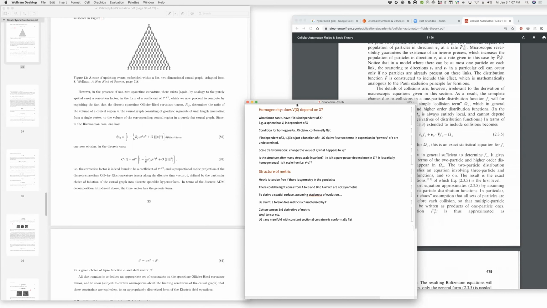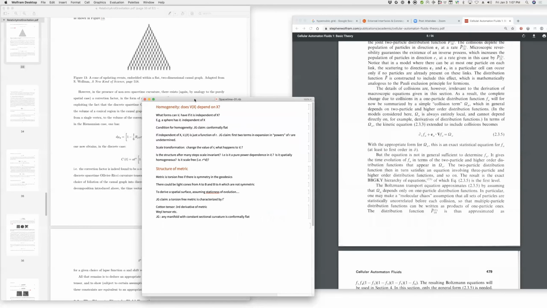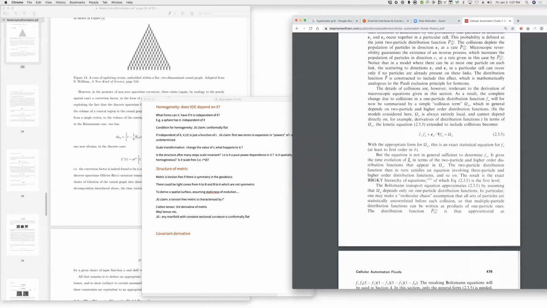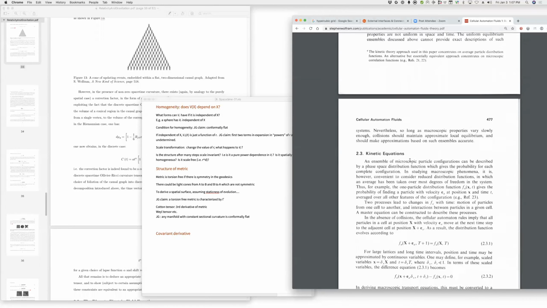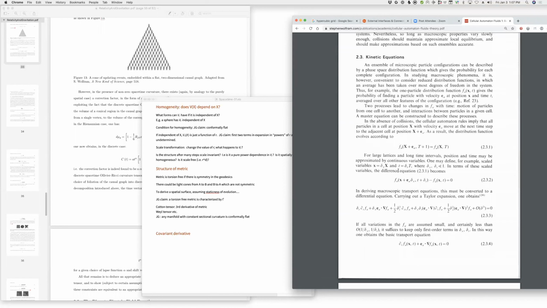Okay, so how is that related to the covariant derivative? Well, I think it's exactly analogous to how you get the continuity equation using covariant derivatives in fluid mechanics. Okay, so let me remind myself how the covariant derivative works here. The distribution function evolves like this.